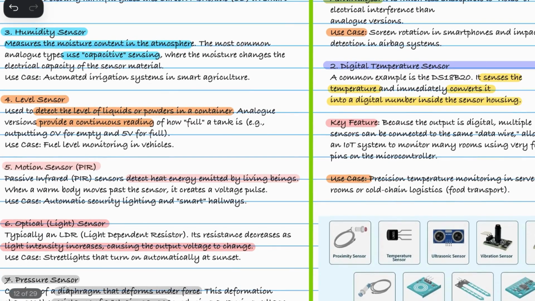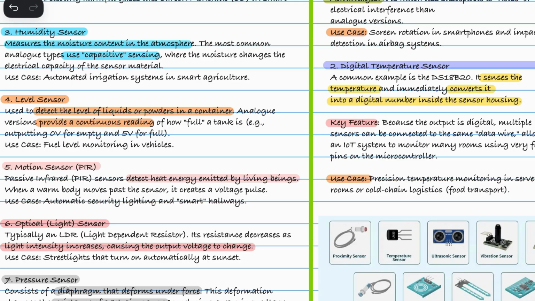Next we have the PIR or motion sensor. These are passive infrared sensors that detect heat energy emitted by living beings. Whenever a warm body passes through the sensor, it creates a voltage pulse. It is a lens that splits the vision into zones, tracking moving pockets of body heat.